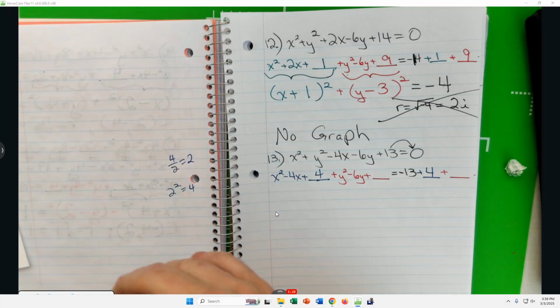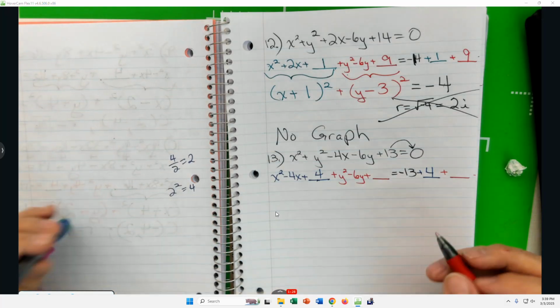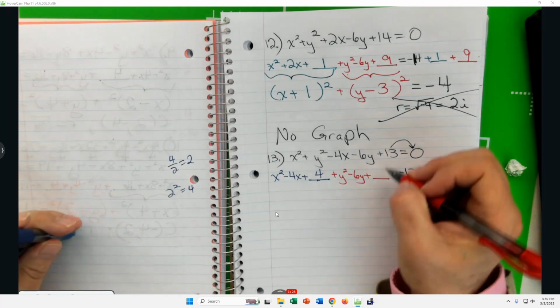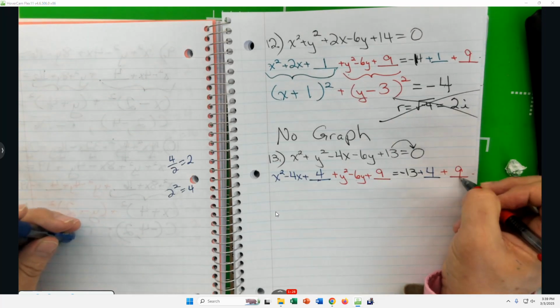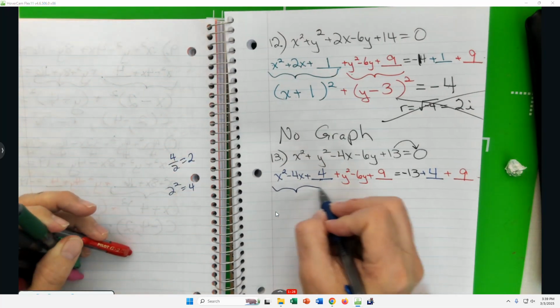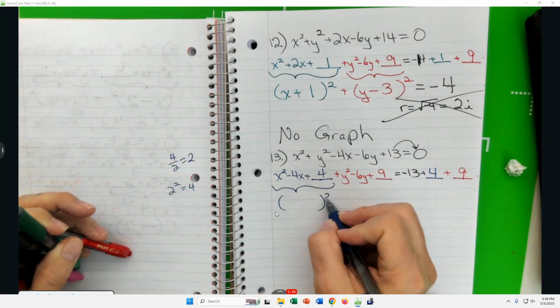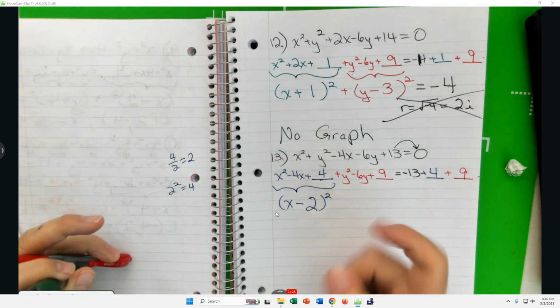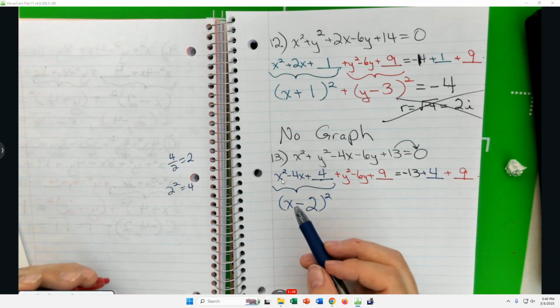What about the red space? What number's going to go there? 6 divided by 2 is 3. 3 squared is 9. How will the blue terms factor? X minus, okay, I agree. There's a pattern for these factorings.